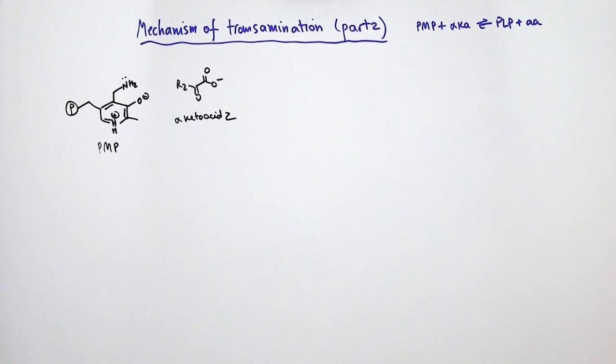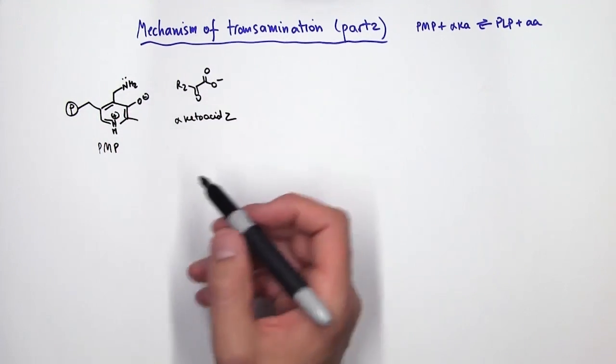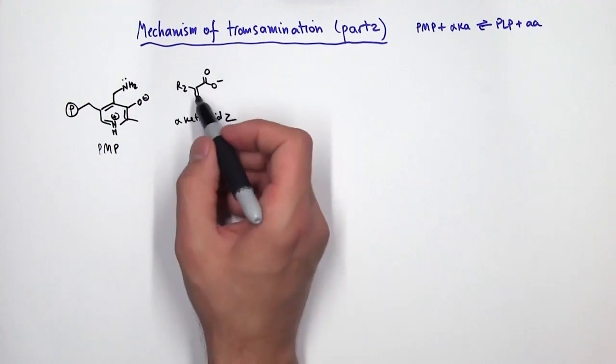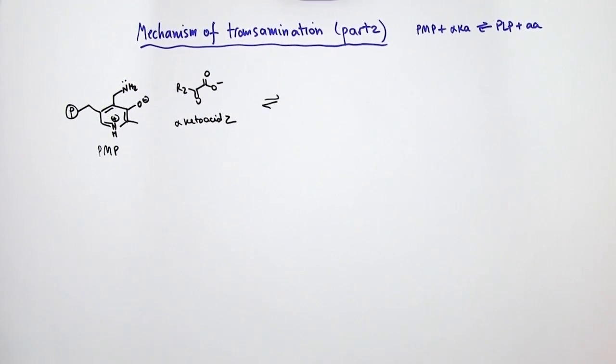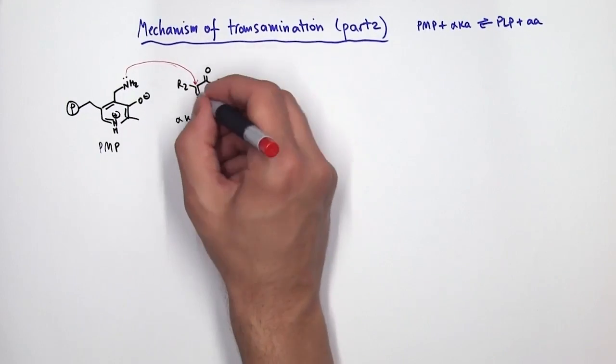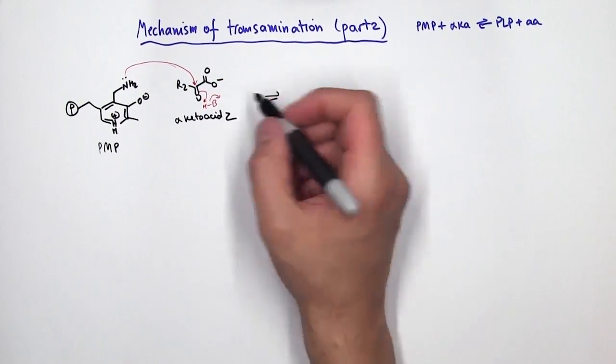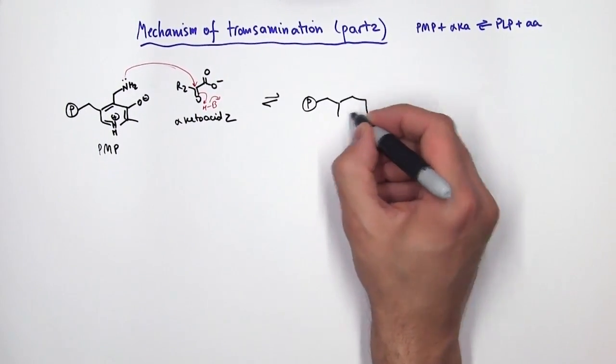In the first step, we're going to form, as we've gotten used to so far, a new imine between the keto group of the alpha keto acid and the amine group of PMP. As usual, first we're going to get a tetrahedral intermediate.